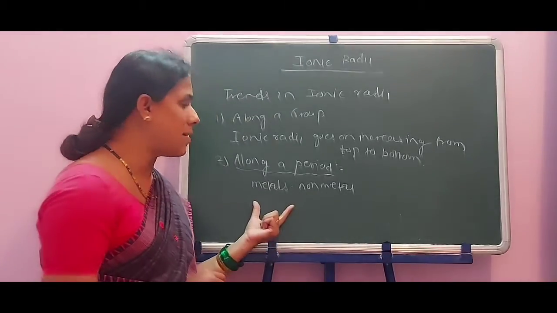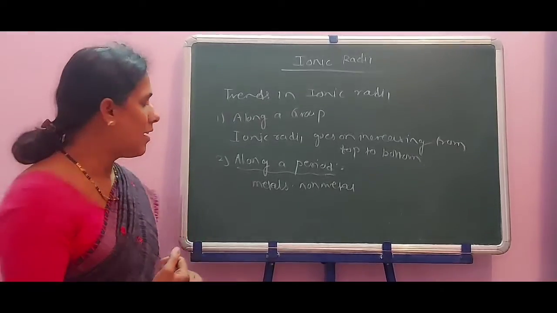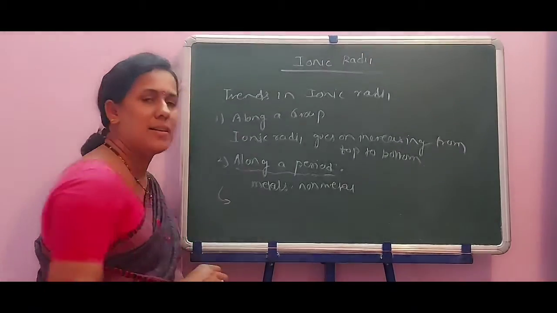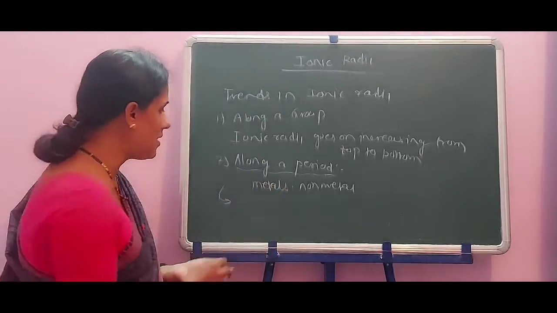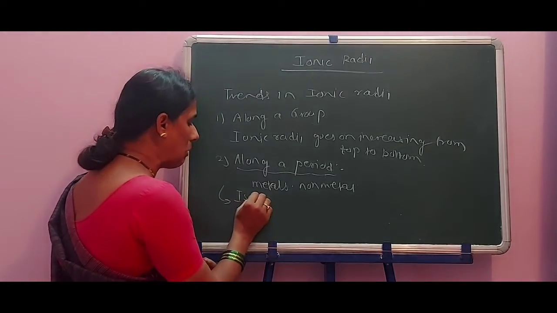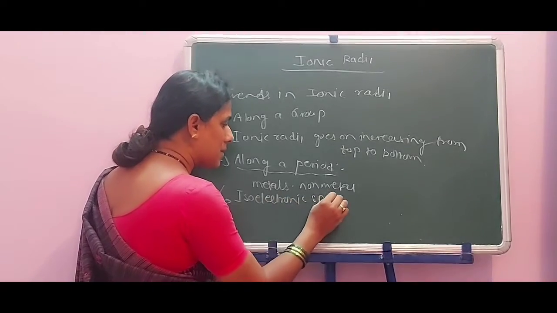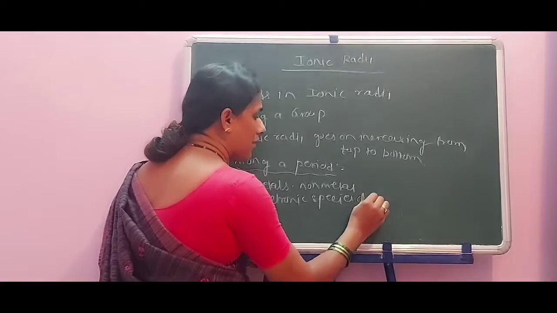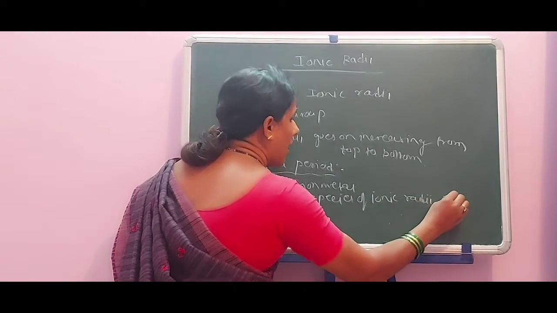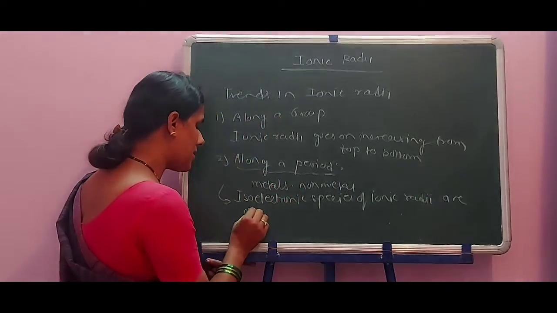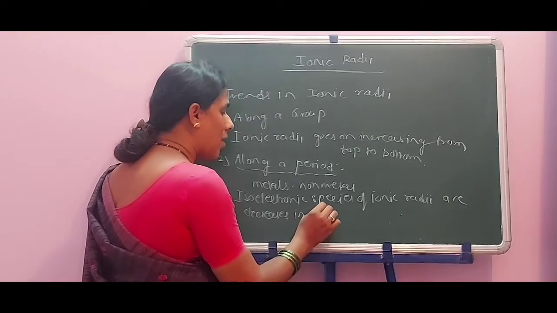But here we have to consider the isoelectronic species. We may assuredly say that the ionic radii of isoelectronic species decrease along a period.